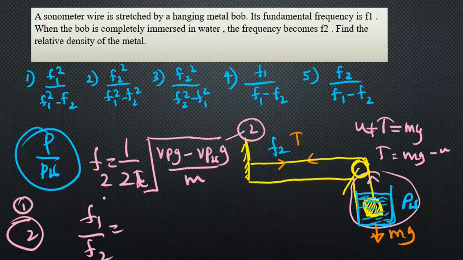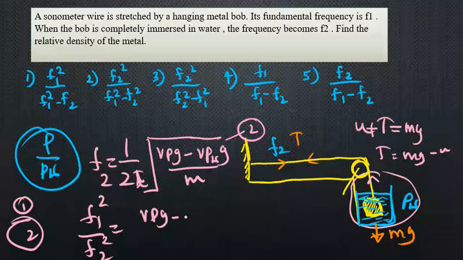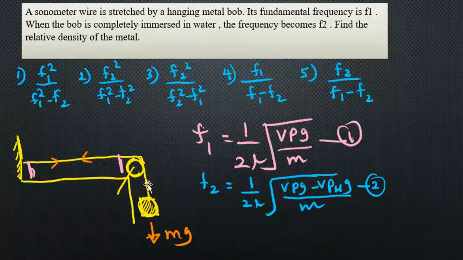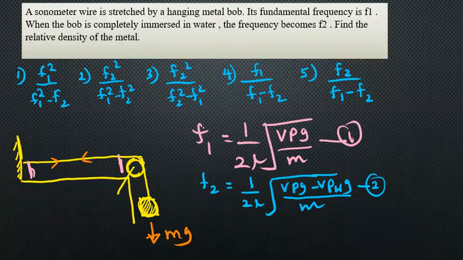In order to remove the root values, we can square these values. So I get F1 squared and F2 squared. Now we have these two equations, so let's divide these two, then we can get to our answer.